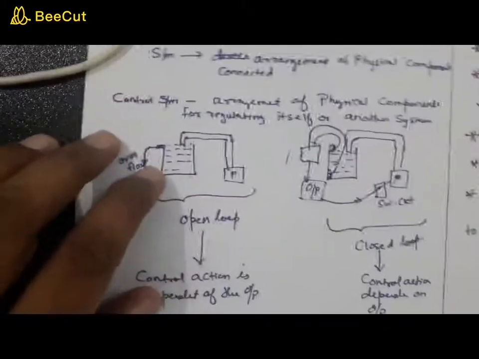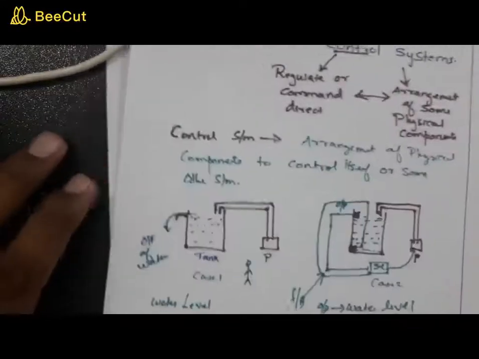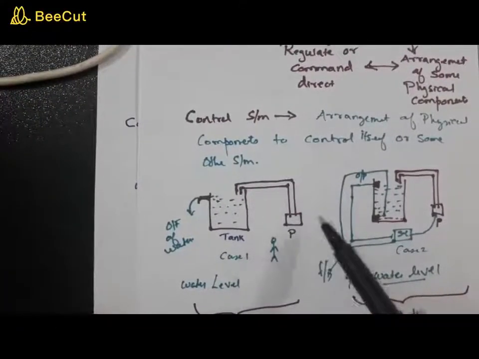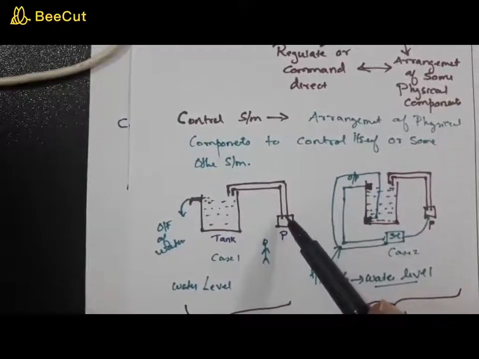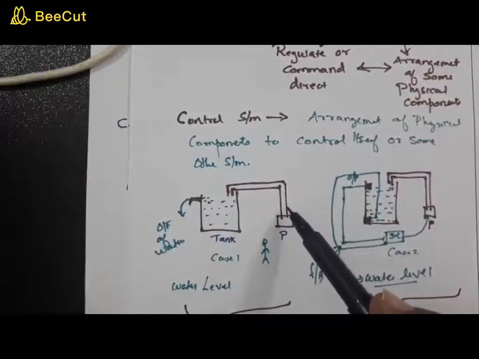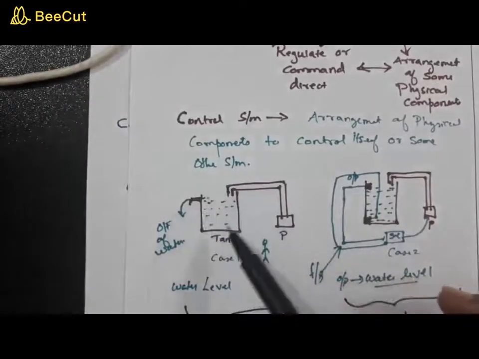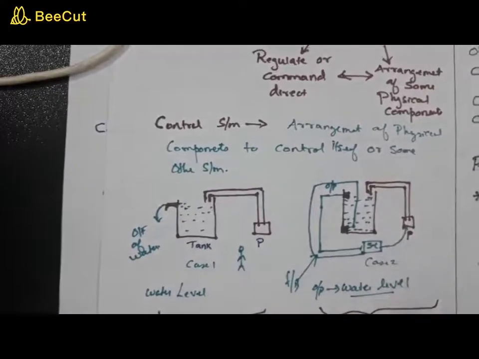We have just seen that in an open loop system like this, the system accuracy is affected by any change in the input side. As I have mentioned earlier, if for some reason the pumping force decreases, then there can be inaccuracy in the system. Now, what happens in this case?